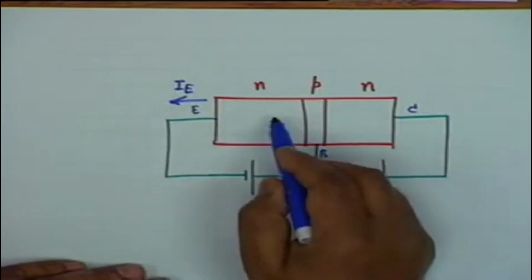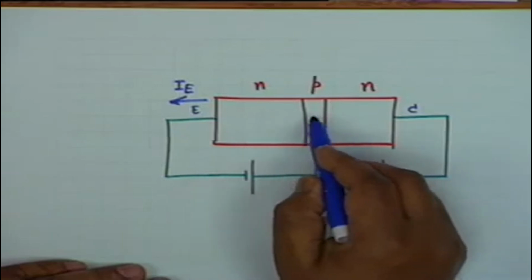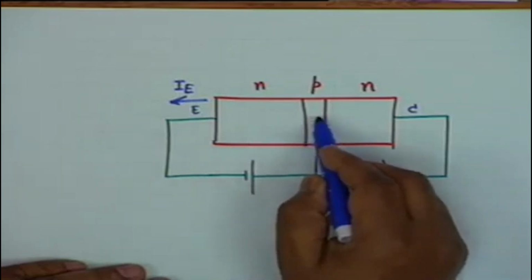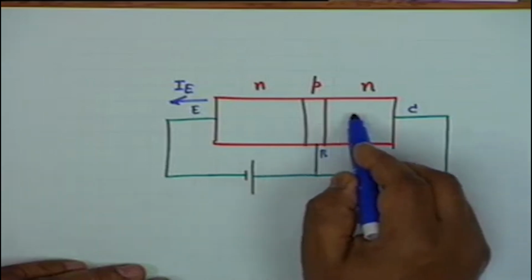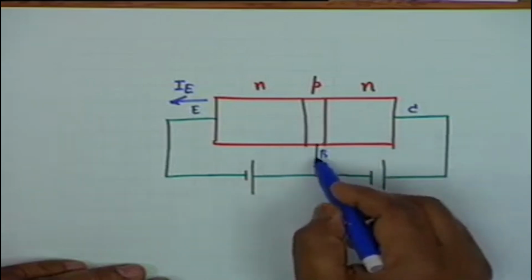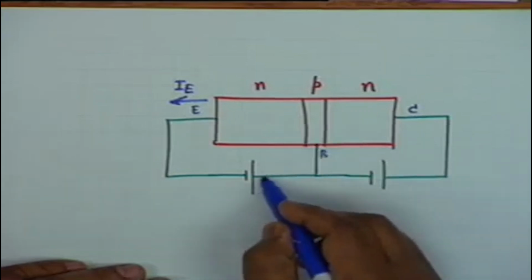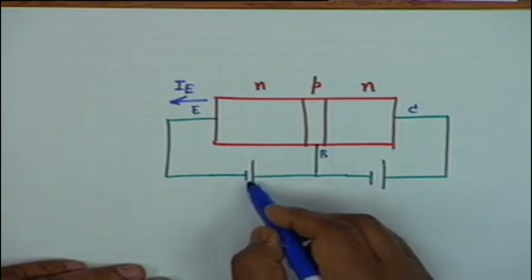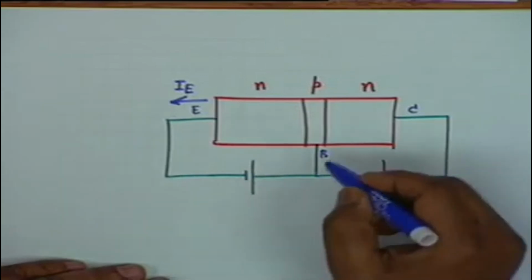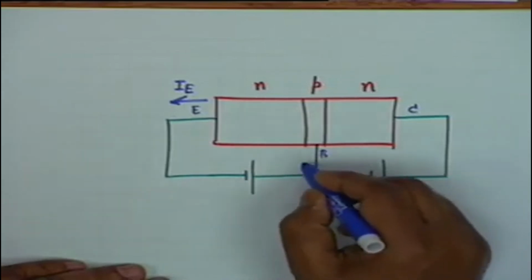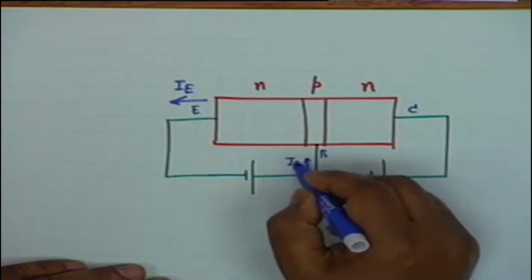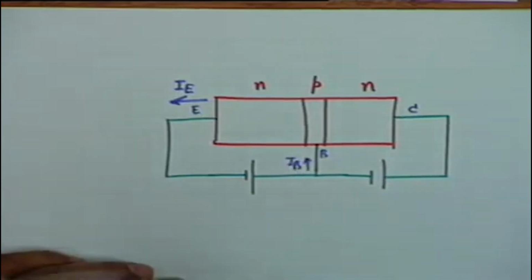All right. Now these electrons cross over to the n region. Some of them get lost, some of them recombine, which means that it is as if this positive terminal collects them, and therefore electrons passing like this means that a base current flows like this, I sub B. Is that okay?